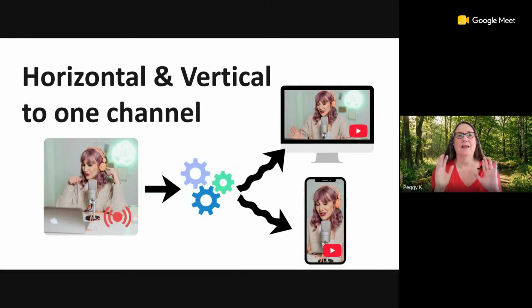Like I said, the idea is really simple. You're sitting at your computer, you have your camera, you're recording, and it creates two streams, one in horizontal format and one in vertical format. The idea is that there can be two different audiences: people watching on their phones, on their TV, on their computer.